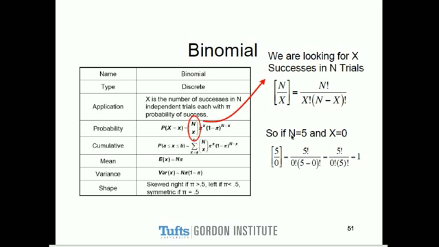So, in a case where n is 5 and x is 0, and in one of the assignments I gave you, n is the number of batches in a week, and x is the number of batches that have an issue after being accepted by QC. Okay. In this case, because we have zeros down here for factorials, 0 times 5 here, and this comes out to be 1. Okay.